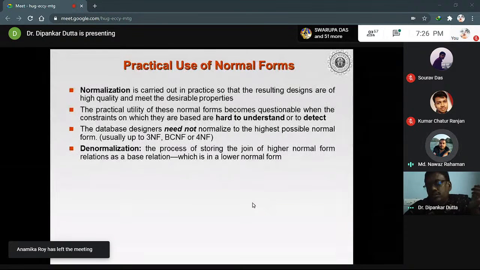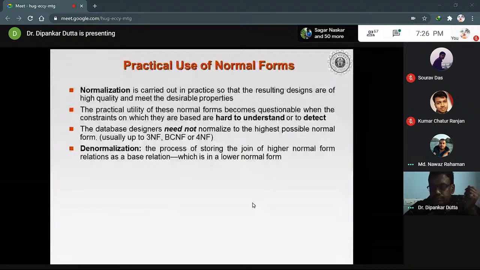Sir, a group of attributes that uniquely identify a tuple. Yes, very good. So a group of attributes that uniquely identify a tuple in a relation. Is there only one super key? Multiple super keys. Maybe multiple super keys.